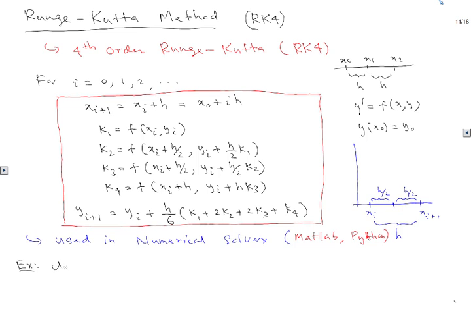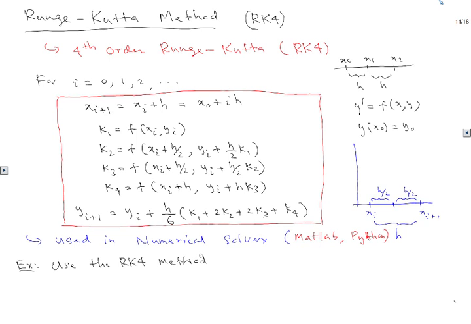Use the Runge-Kutta fourth order method. It's not exactly because there are four steps that I call it fourth order method. It's because it's accurate up to h to the 4th power, order of h^4. We talk about those in numerical analysis classes.